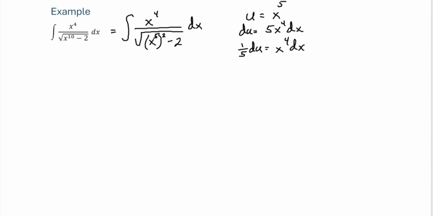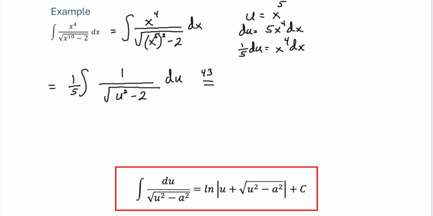Now rewriting with our new variable, pull 1/5 out front, it's just a constant. We have 1 divided by the square root of u squared minus 2 du. Now looking through our table of integrals, we have rule number 43 here. 1/5 stays out front.